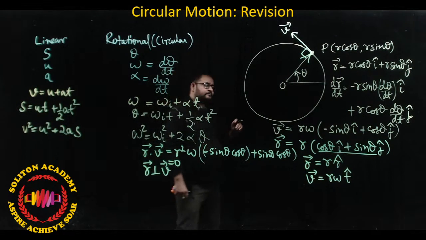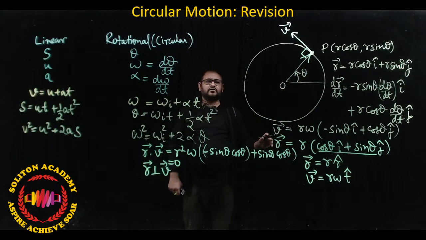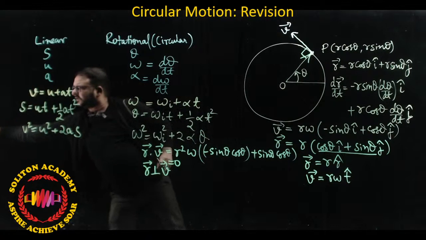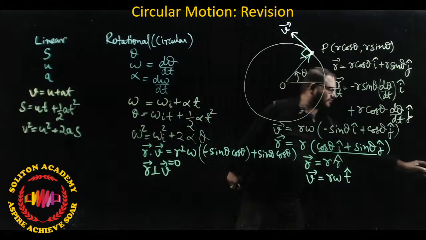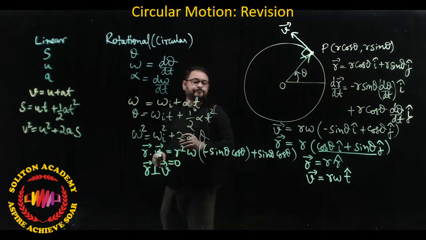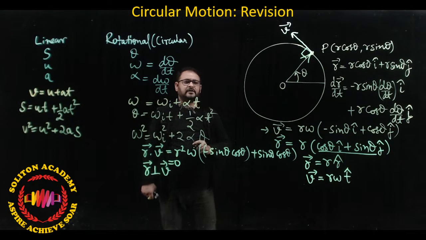Right. Now let's do one more thing, and we know everything about circular motion in one shot. Very quick, very fast. So please be focused. We are going to do nice things. Now take the derivative of velocity.